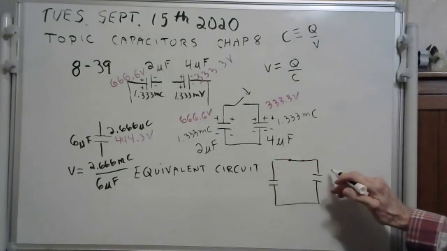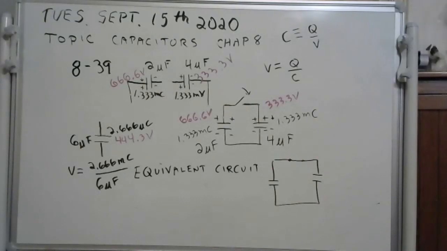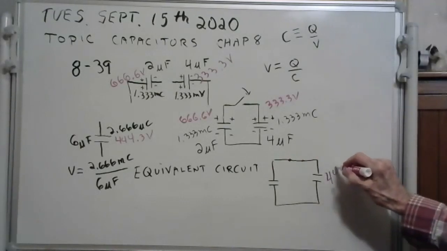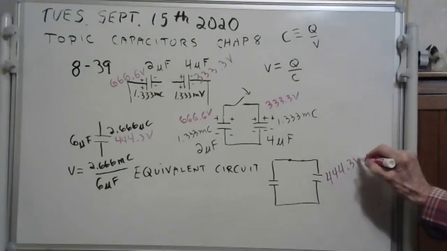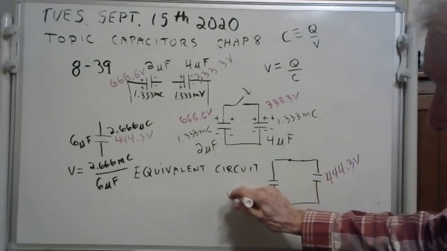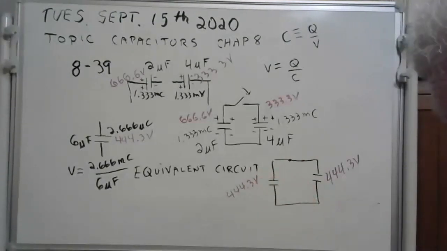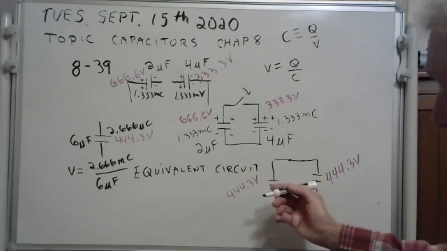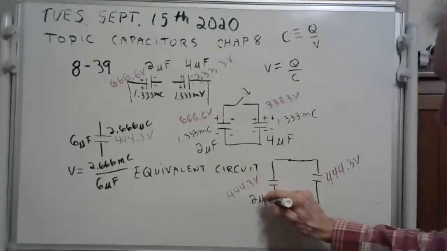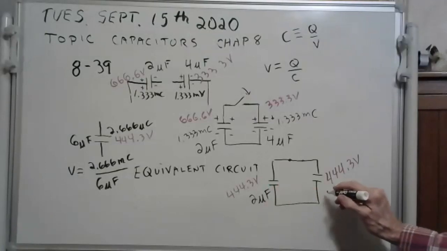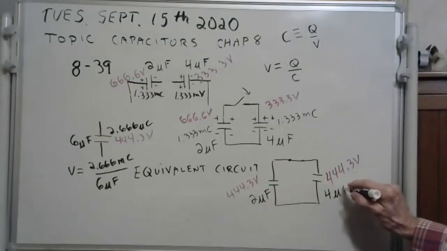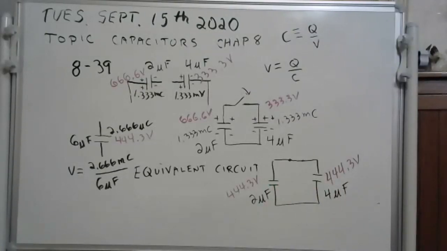And we figured out that we have 444.3 volts on each one. And this one is 2 microfarads, and this one is 4 microfarads. Now let's get the charges.